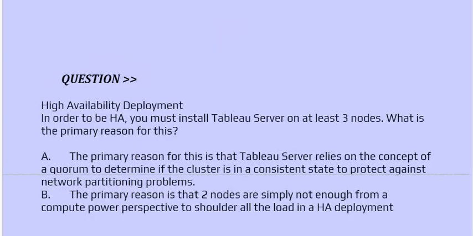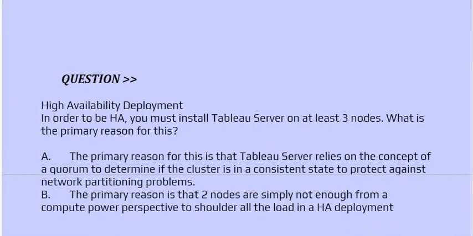Next question is, high availability deployment. In order to be HA, you must install Tableau Server on at least 3 nodes. What is the primary reason for this? Option A. The primary reason for this is that Tableau Server relies on the concept of a quorum to determine if the cluster is in a consistent state to protect against network partitioning problems.